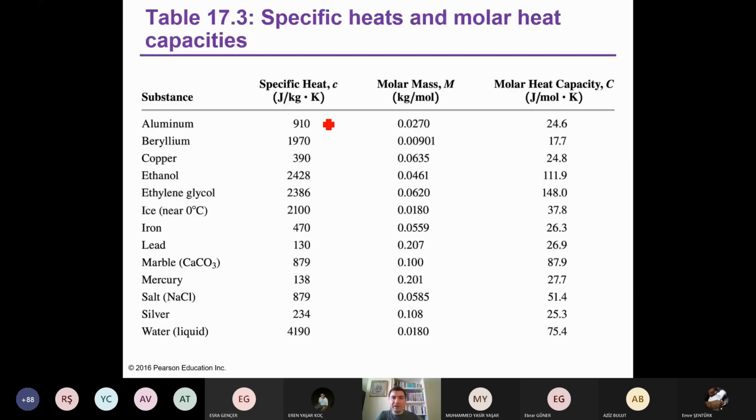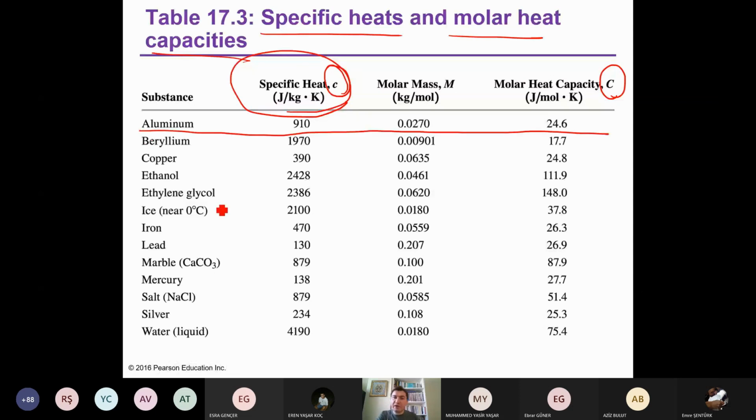So what do you see here? We have a table for specific heats and molar heat capacities. On the left column here, we have specific heat, small c. And here on the right column, we have molar heat capacity, capital C. Okay, so again, you see that each material has different specific heats and molar heat capacities.